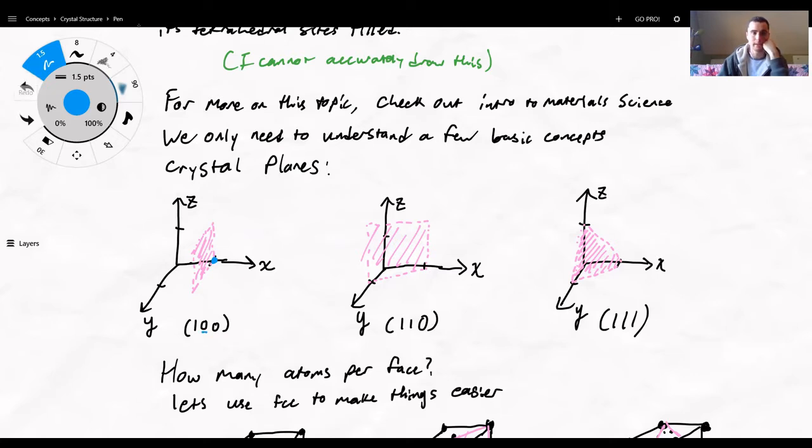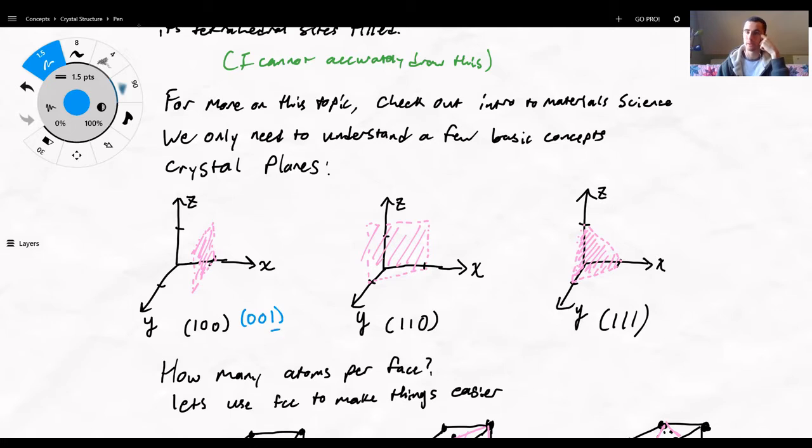So you can equivalently draw a plane that's in the Z axis here. Like here, right? Where it only intersects with the Z, never intersects with the X or the Y. That's the same thing. In that case, that would be 0, 0, 1, right?